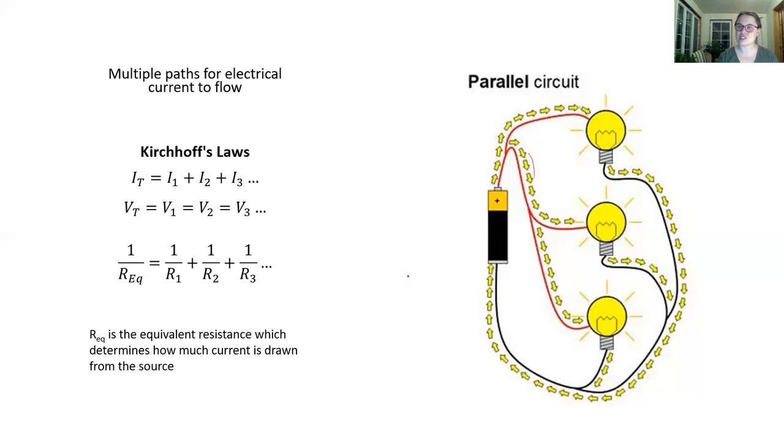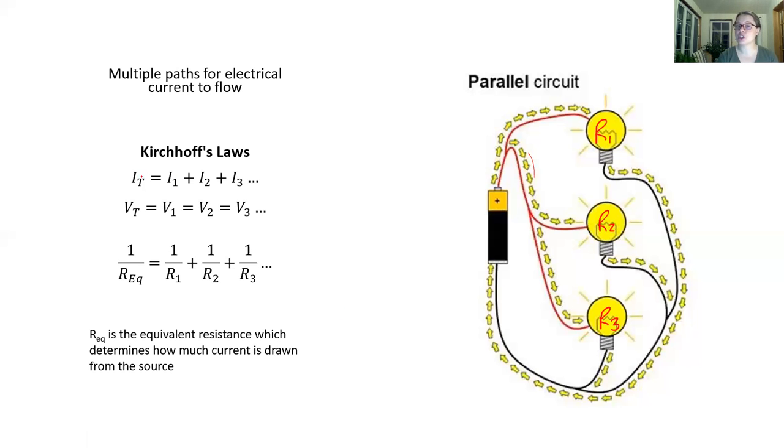So Kirchhoff's laws for parallel circuits are a little bit different. You'll notice that current is not the same everywhere in this case, and that's because the current can flow through multiple paths. If there's more resistance, we'll call these R1, R2, and R3. If R1 has a higher resistance, the current is going to flow less through it, but that doesn't change the path going to R2 because they're independent.